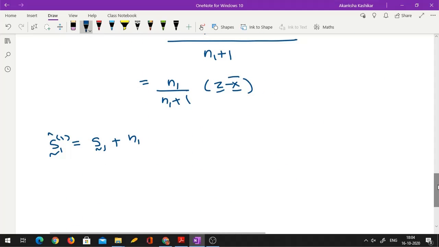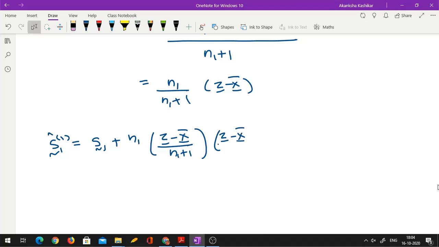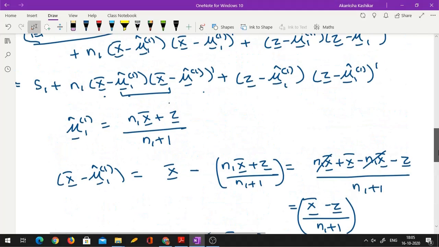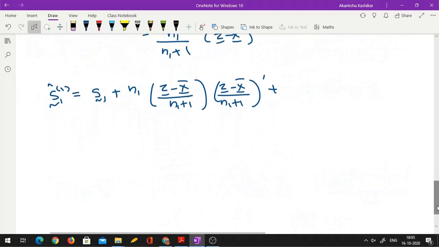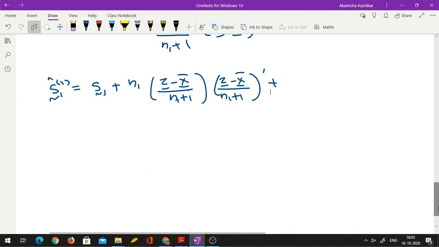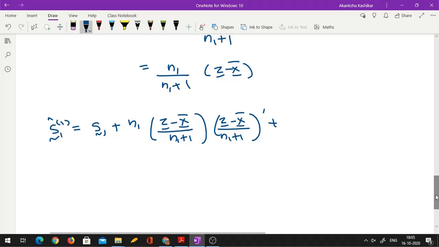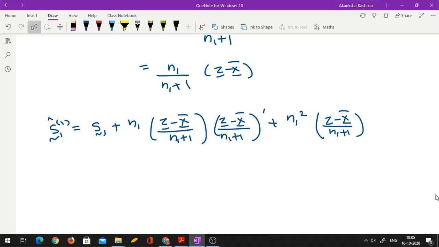So n1 into z minus x bar upon n1 plus 1 into z minus x bar upon n1 plus 1 prime plus, we don't have any constant here, so we would simply get n1 square z minus x bar upon n1 plus 1 into z minus x bar upon n1 plus 1 prime.